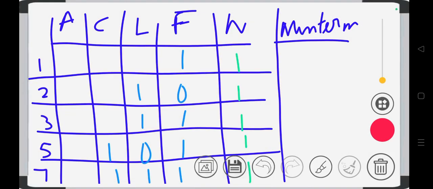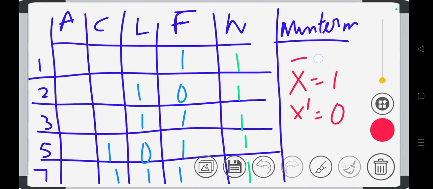Okay, so the minterm, guys, for SOP expressions, the default value is actually 1. That is, if we have a 1 here, say for example x is equal to 1 for its SOP, and x complement is equal to 0.